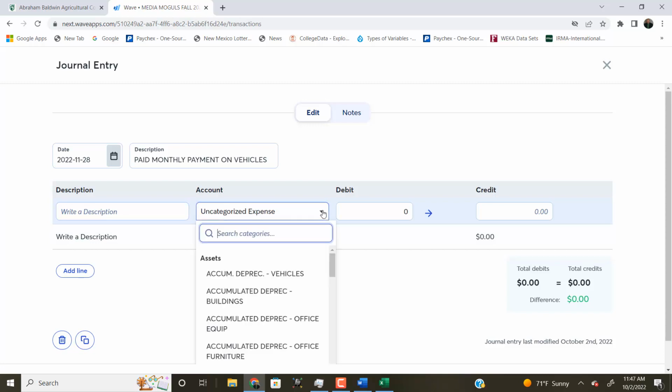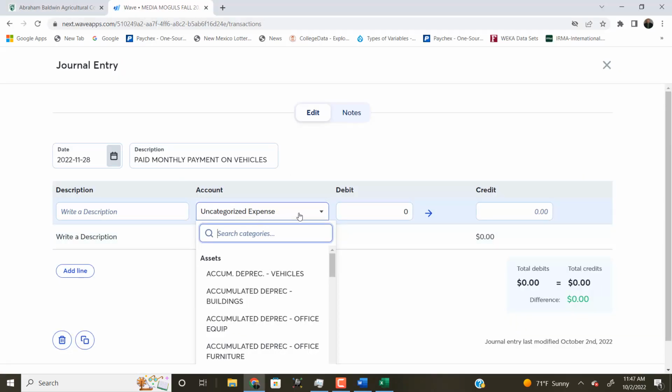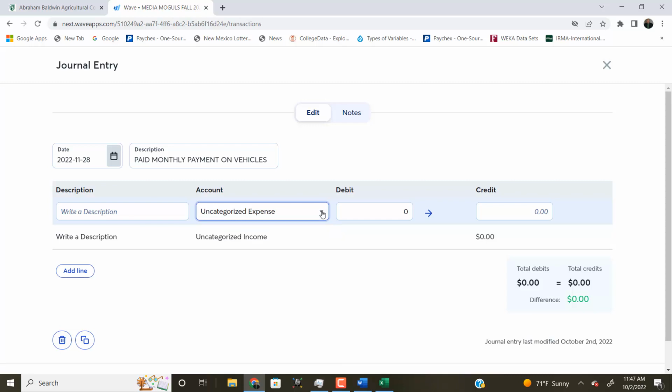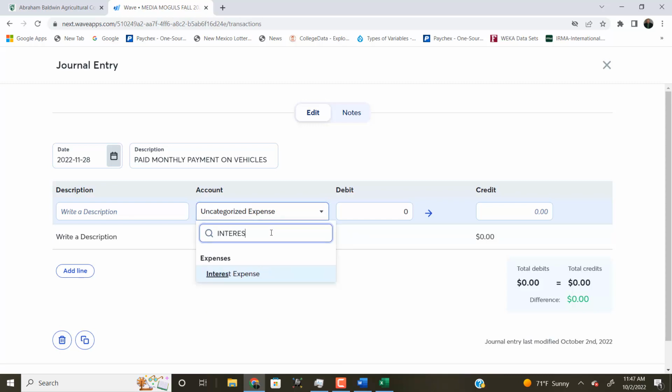I can remember usually, but when I have too many things, go 293.04. And so what are we looking for? Interest expense, 293.04.